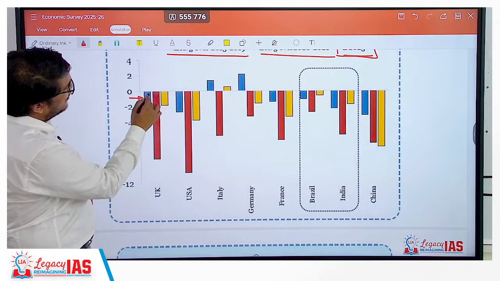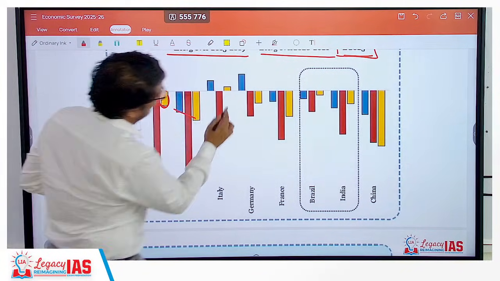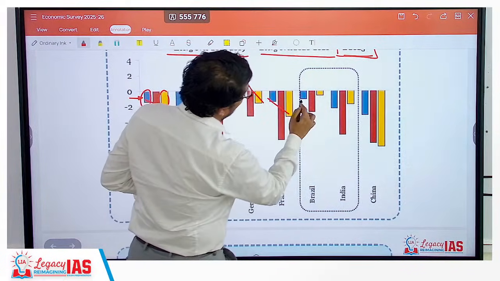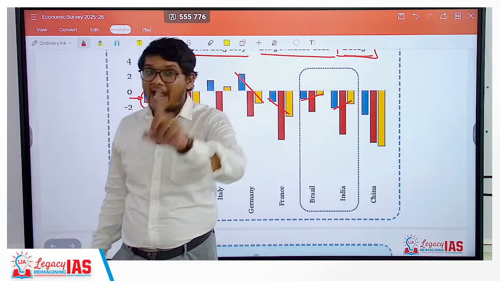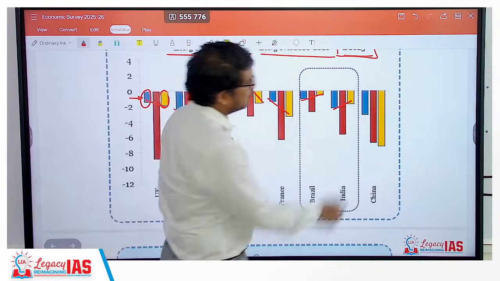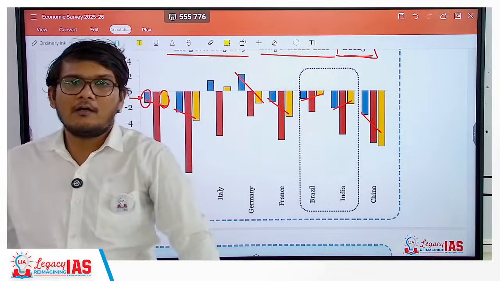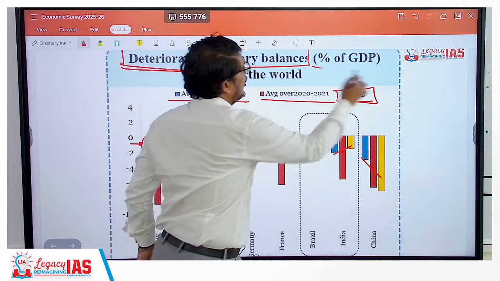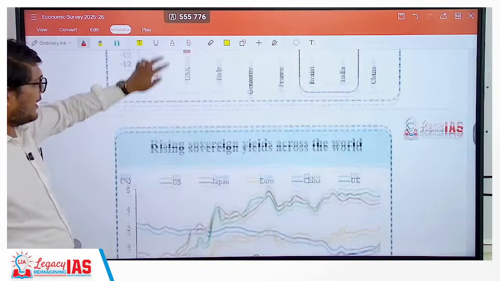So we have to compare this blue with the yellow, and you can see the yellow line is greater for all the countries except Brazil and India. So Brazil and India have done well as compared to the other important economies of the world when it comes to the primary balance as a percentage of GDP. Right? I hope that's clear. Let's move ahead to the next one.